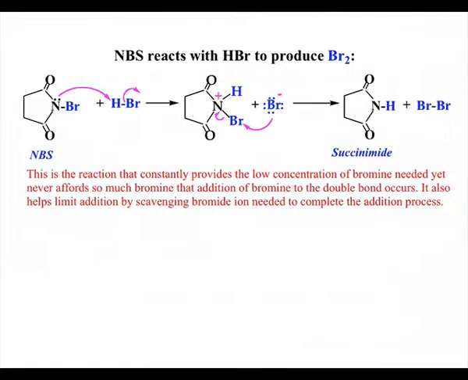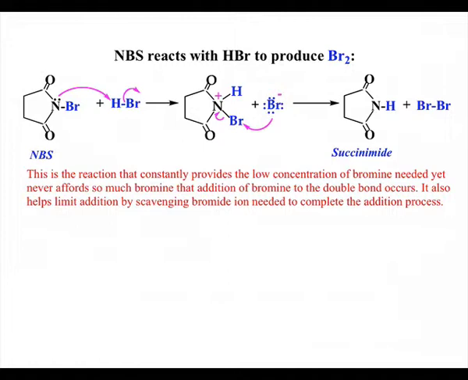So it turns out that HBr is a strong acid, right? And notice that HBr is generated, but it never adds across the double bond because it doesn't stick around very long. What happens is HBr will react with NBS to actually protonate the nitrogen, we believe, okay? Which is kind of odd. And you end up with this nitrogen with a positive charge. That's a pretty good leaving group, okay?